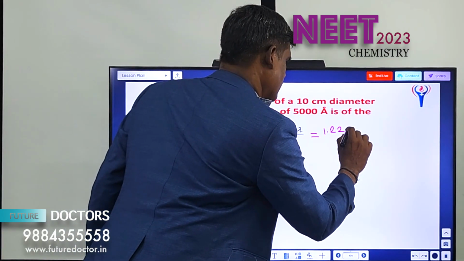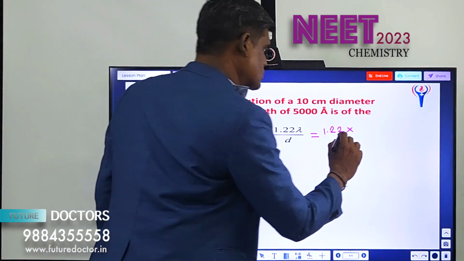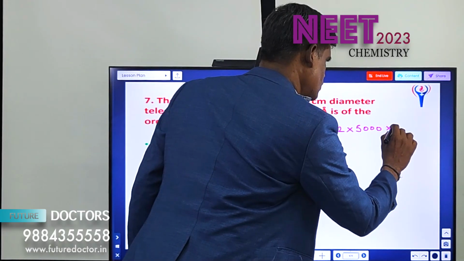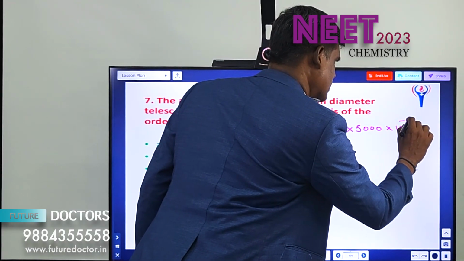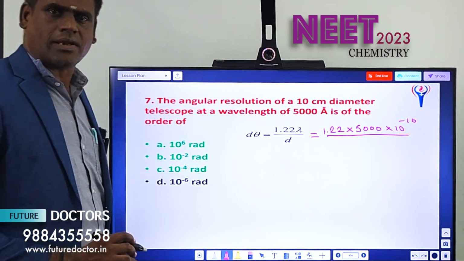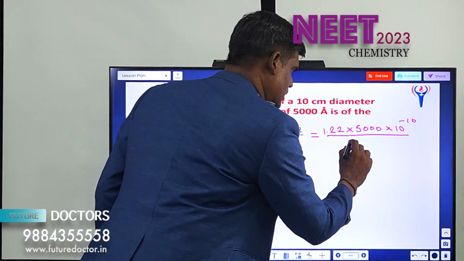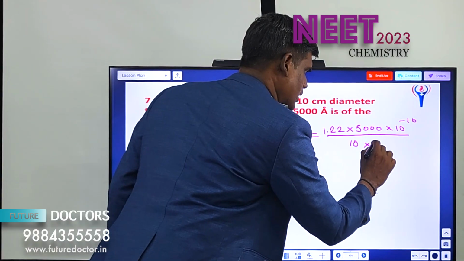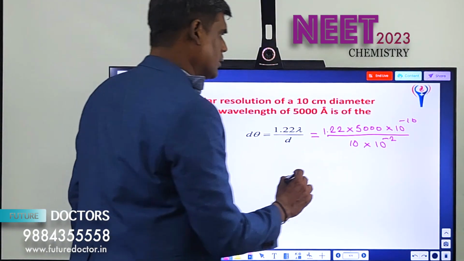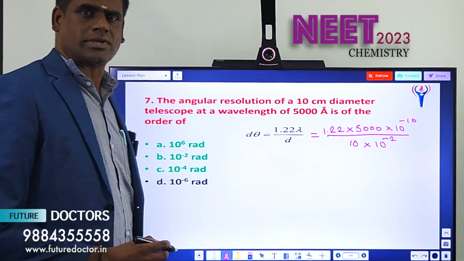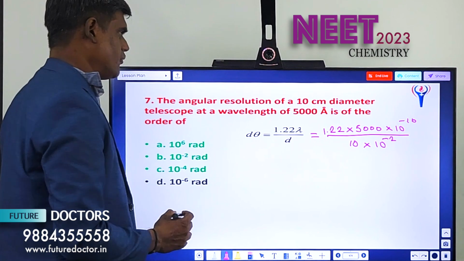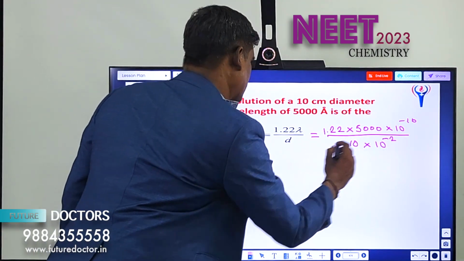So equal to 1.22 into lambda, 5000 Armstrong, converting into meter, 5000 into 10 power minus 10 divided by D. D is 10 centimeter, converting centimeter to meter, 10 into 10 power minus 2. Then 10 into 10 power minus 2 gives 10 power minus 1, and 1.22 into 5 into 10 power 3.